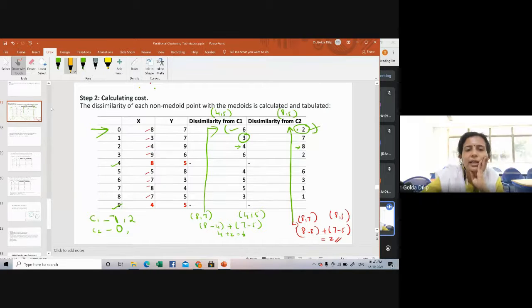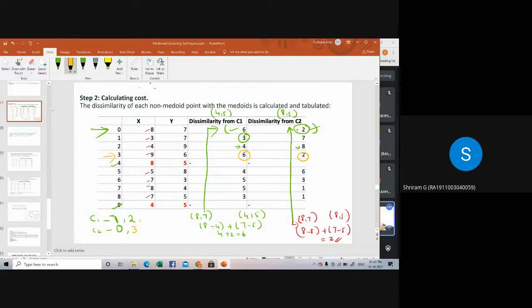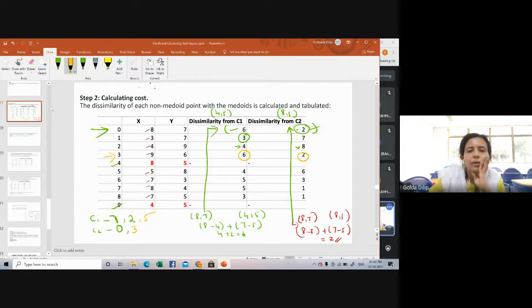What are the other objects which belong to cluster C1? What about object 3? 3 is C2, ma'am. 3 is C2. And object 4 is the medoid, no need. Then object 5. C1, ma'am. Okay. So then object 6 is C2.